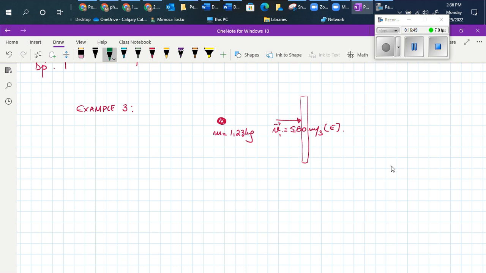4.20 meters per second. When we are saying rebound, what we mean is it is coming in the opposite direction to what it is going to. So if it is going east, then rebound will be west. If it is going north, then rebound will be south.